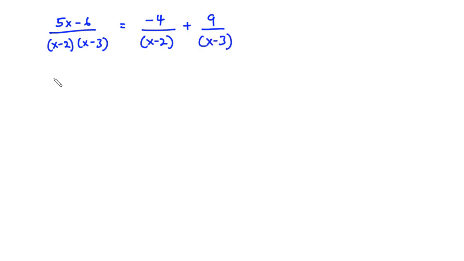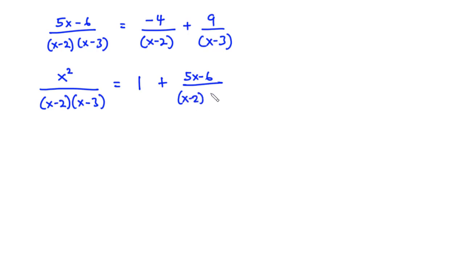Now don't forget that the improper partial fraction x squared divided by x minus 2, x minus 3 was equal to 1 plus 5x minus 6 over x minus 2, x minus 3.